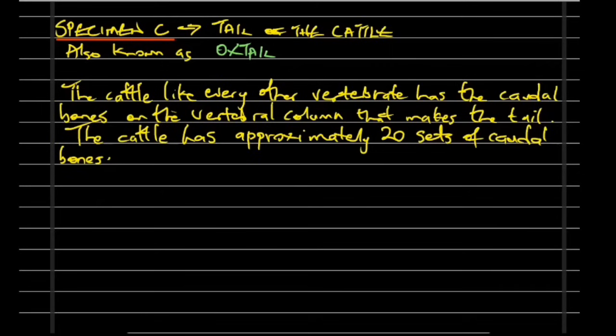Now, the bushy tip of the cow's tail is called the switch. If you look at the tail, it has a very hairy end. That part is what I'm talking about.